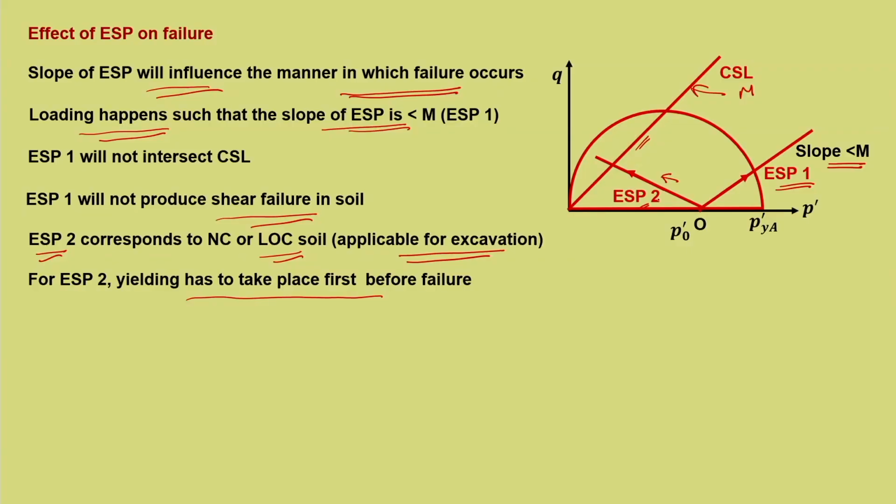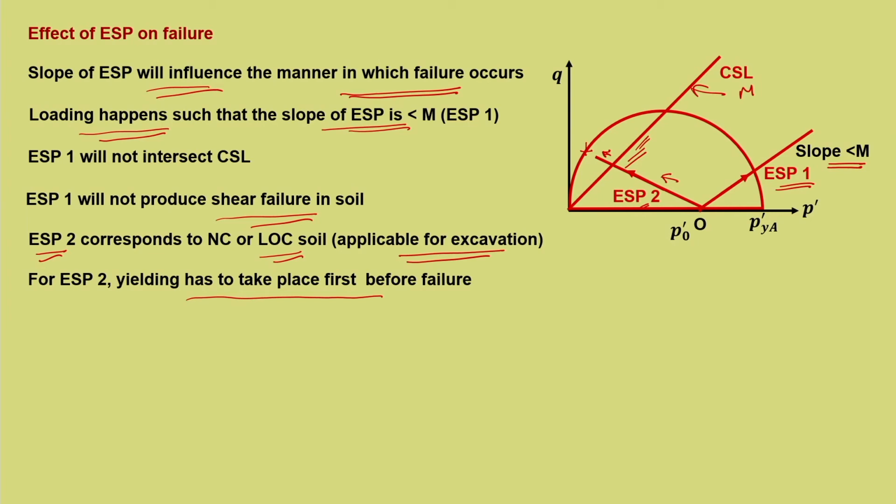But now, if the loading such as that in excavation is done in such a manner that it follows ESP2, then it will cross the critical state line. As you can see here, it crosses that, goes and yields and then will come back to failure. So, that is what I just wanted to highlight here.